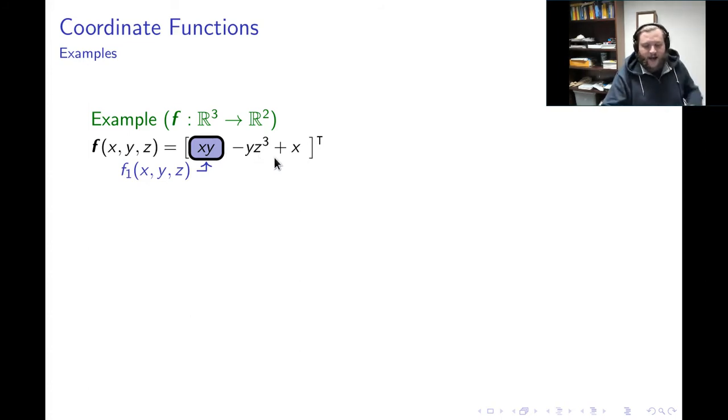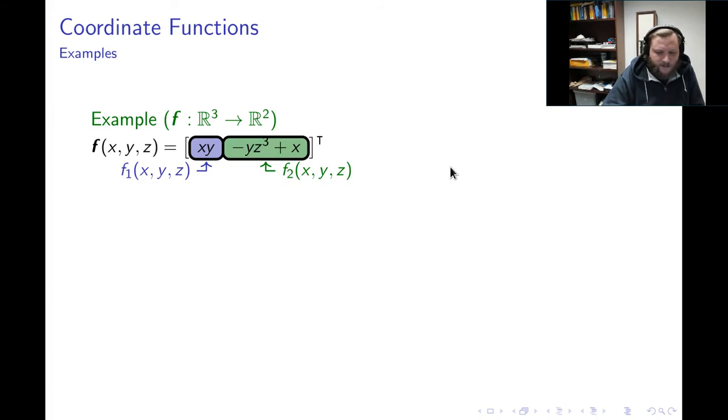My second output here is negative yz cubed plus x. I'm going to call that f sub 2. So this function from R3 to R2 associates any 3 inputs to 2 outputs, and those 2 outputs are labeled as the coordinate functions f sub 1 and f sub 2.